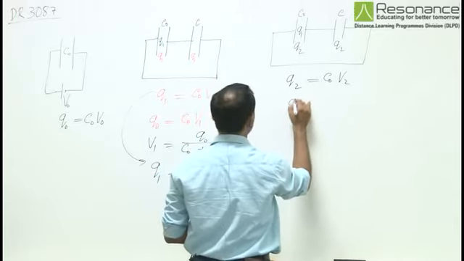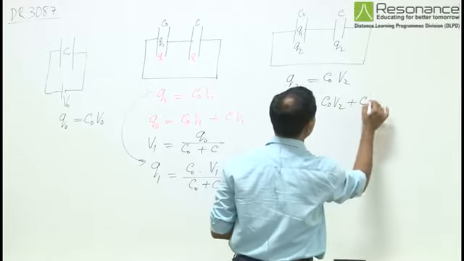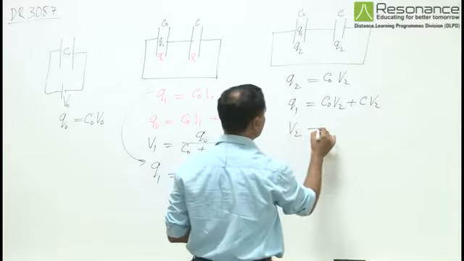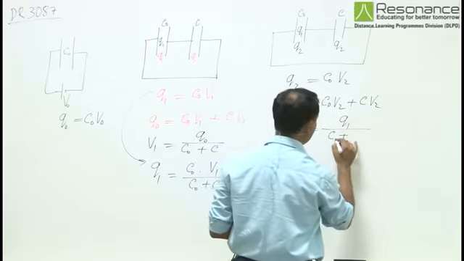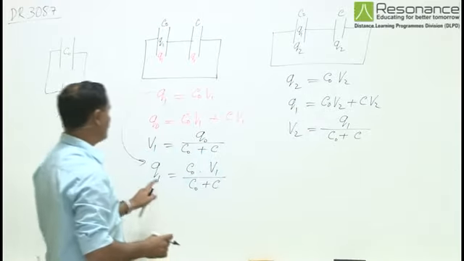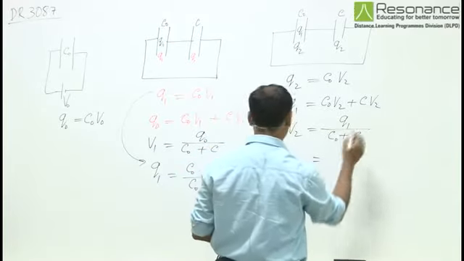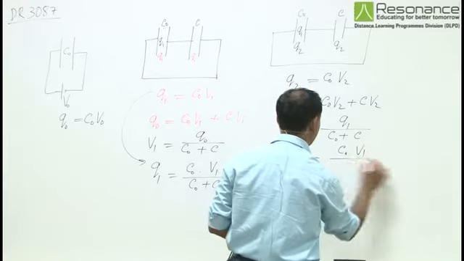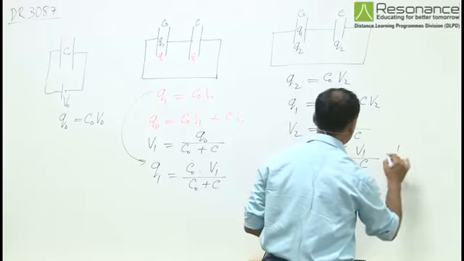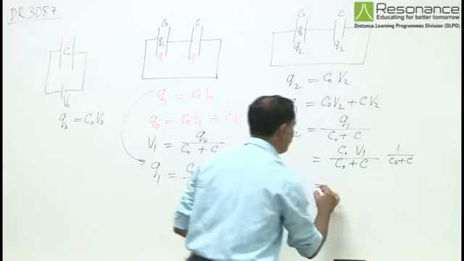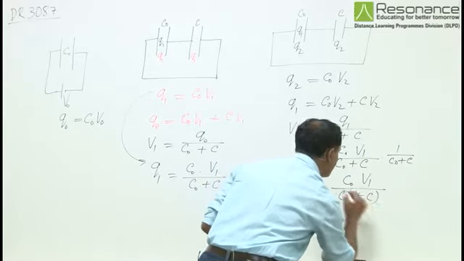And Q1 is equal to C naught V2 plus C V2, or V2 is equal to Q1 upon C naught plus C. Now if we put the value of Q1, then we have this equal to C naught V1 by C naught plus C into 1 by C naught plus C, or C naught V1 by C naught plus C whole square.